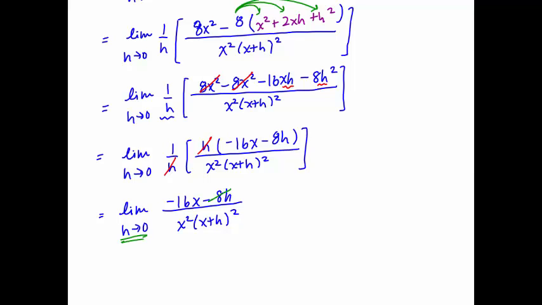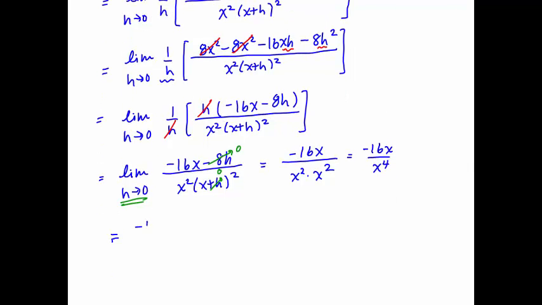Each of these h's is 0. That term will be 0, and that term will go to 0, leaving us now negative 16x over x squared times x plus 0 squared, or x squared. So that's negative 16x over x to the 4th. Finally simplified as negative 16 over x cubed.